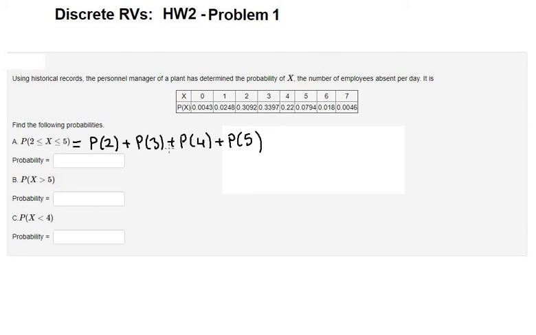If we substitute the values from the chart given, we can obtain the probability that X is between 2 and 5.